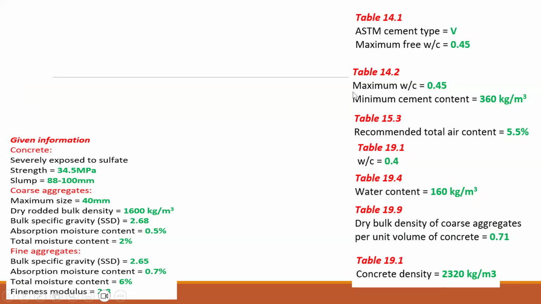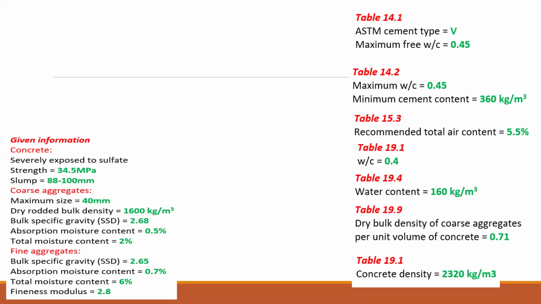We discussed different types of cement last week. In the ASTM system, they have given numbers for these different types of cement: cement type 4 is this, cement type 5 is this. You can find out what they are.